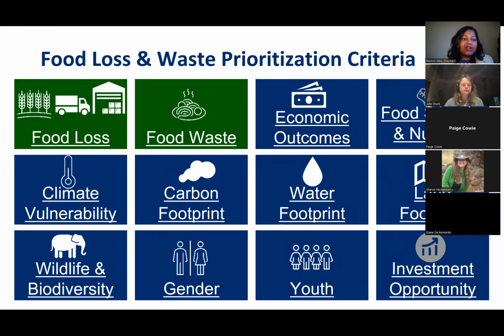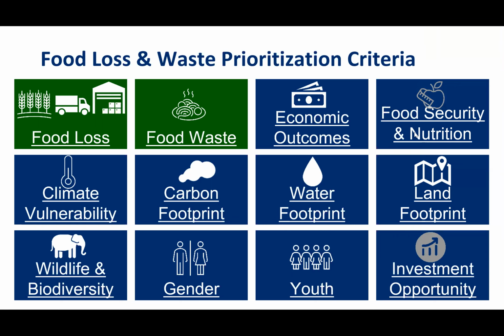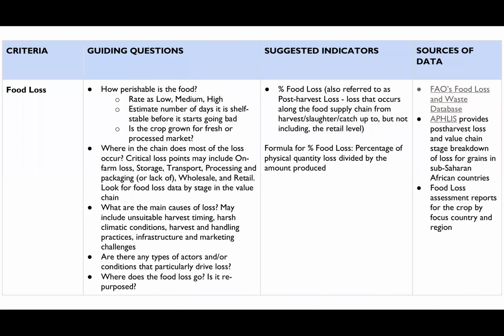We have here food loss, food waste, economic outcomes, food security and nutrition, climate vulnerability, carbon footprint, water footprint, land footprint, wildlife and biodiversity, gender, youth, and investment opportunity. And for each of these criteria, in the guide, you'll have guiding questions.